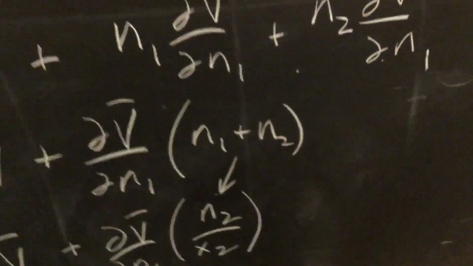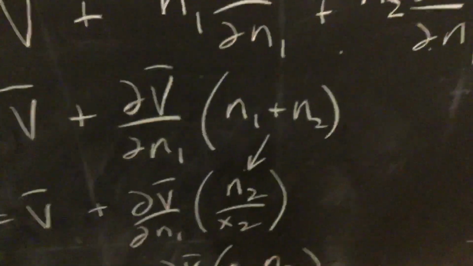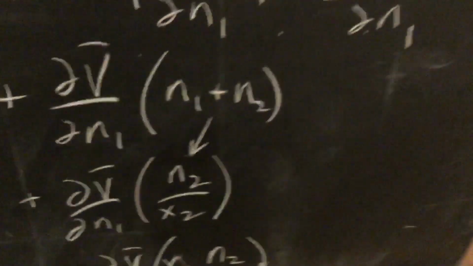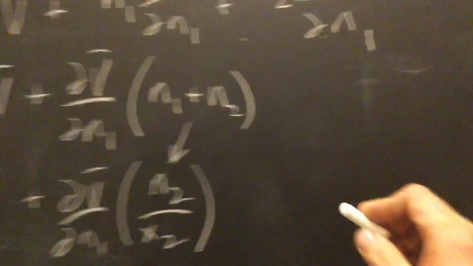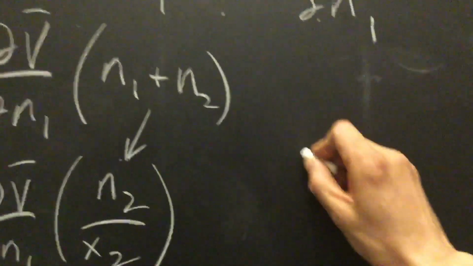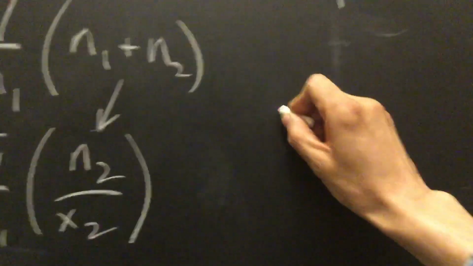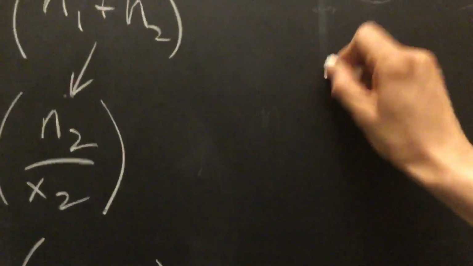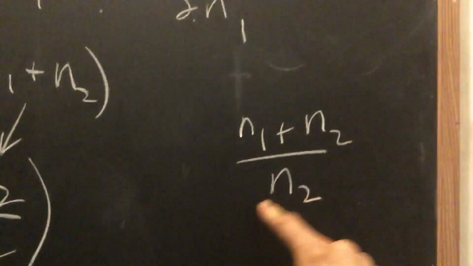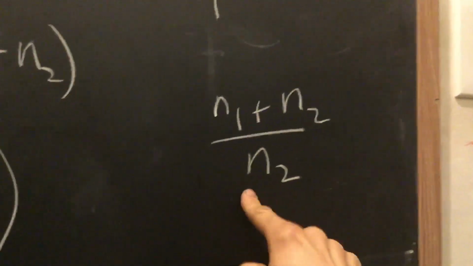Now, what is N1 plus N2? To make things simpler, you can just think of N1 plus N2 as N2 over X2. Why? Let me show you why. You can think of N1 plus N2 as N2 over X2 because if you have N1 plus N2 over N2, this is the reciprocal of X2, right?